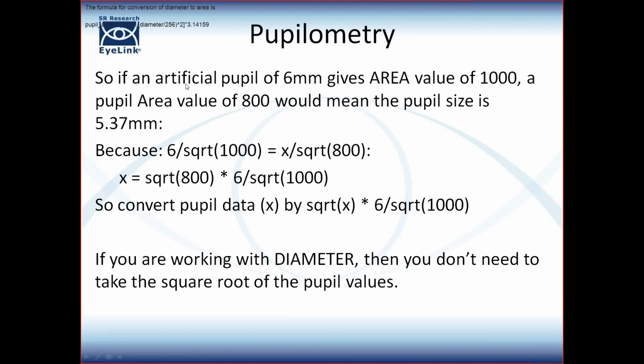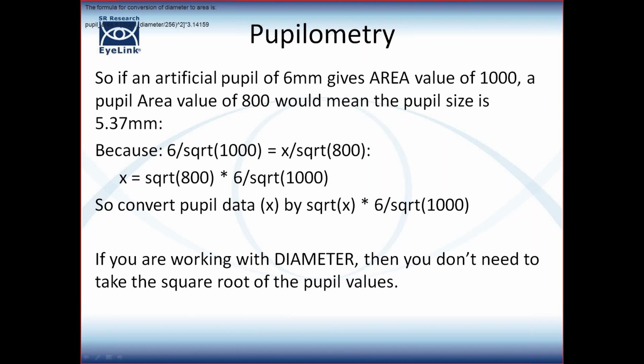So let's say we've printed out an artificial pupil of 6 millimeters, and we record it in our pupil only mode. We open up that data, output the pupil data, which I'll show you how to do, and we see that on average we're getting an area value of 1000.